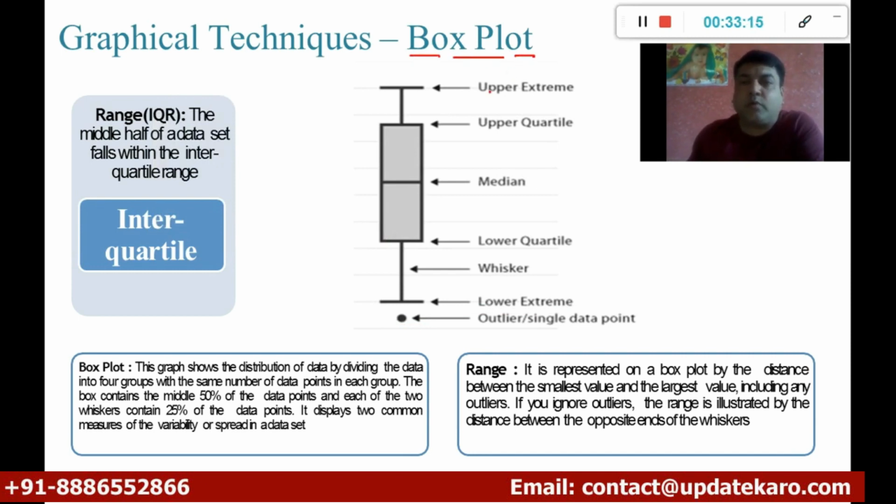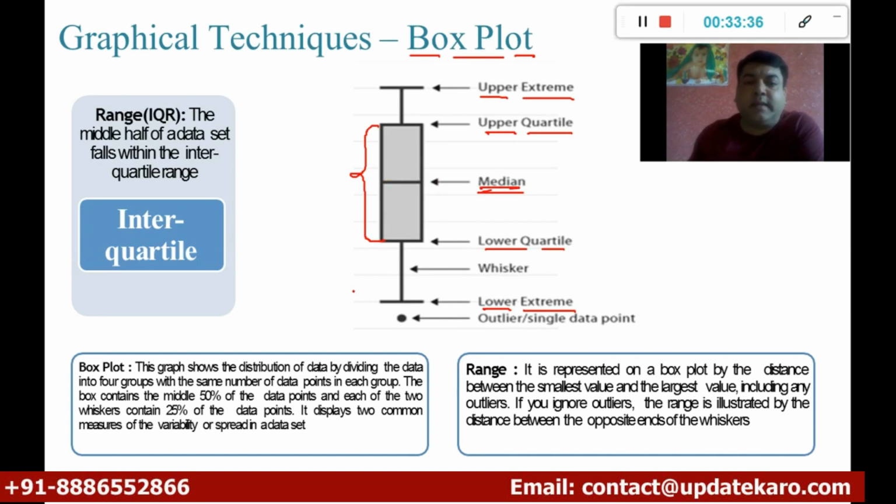Obviously, a Boxplot has an upper extreme, a lower extreme, an upper quartile and a lower quartile, which form a box between them, and it also has a median displayed.